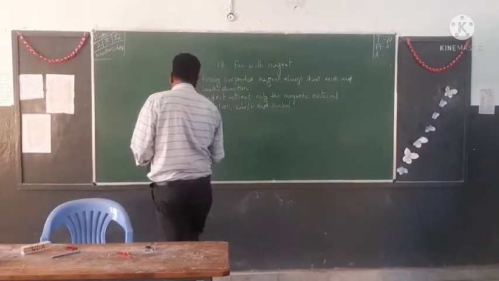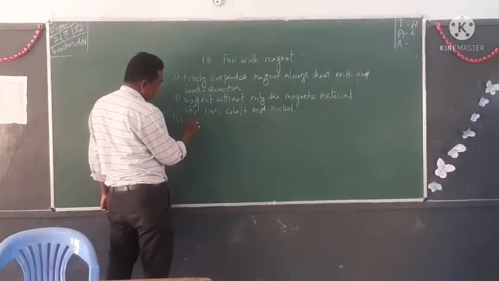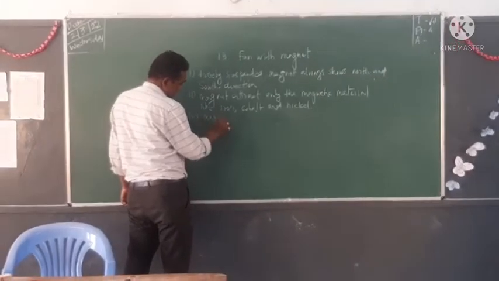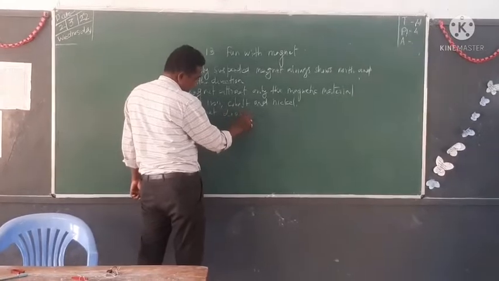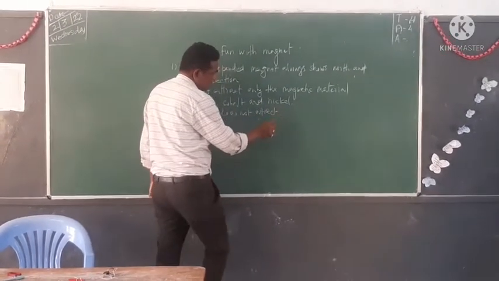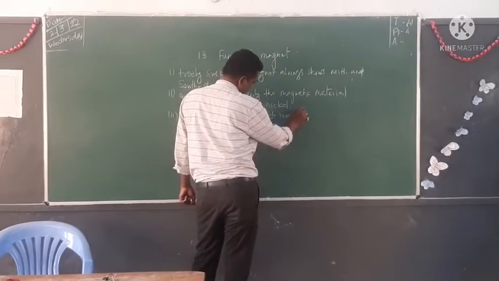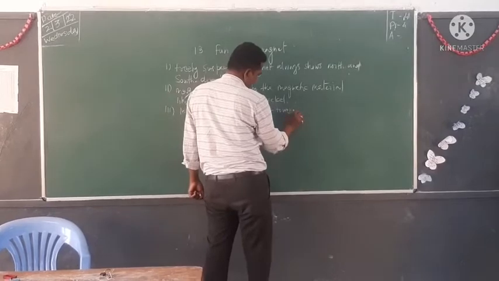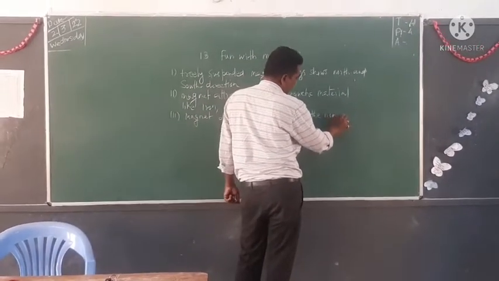Third property is non-magnetic material or magnet does not attract towards the non-magnetic material.